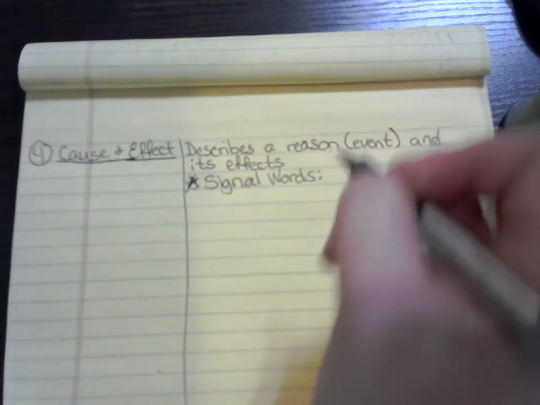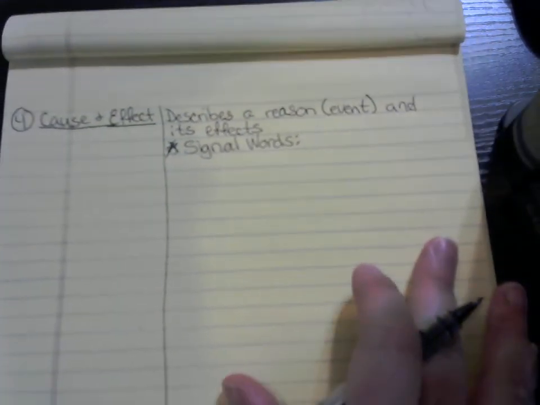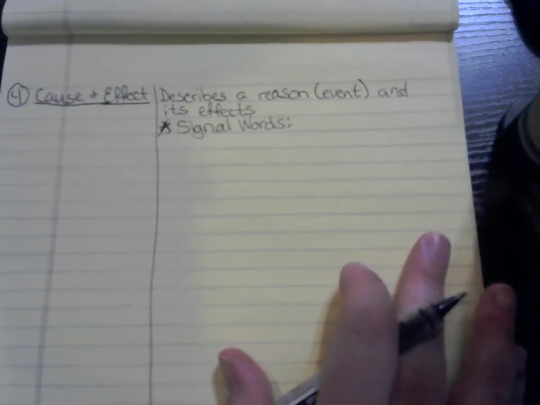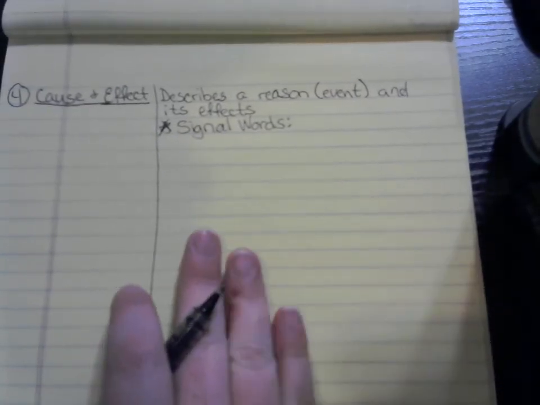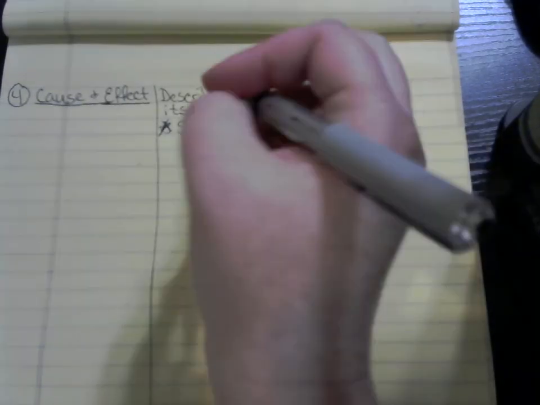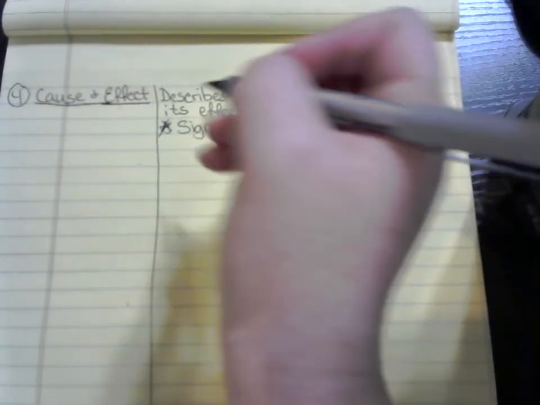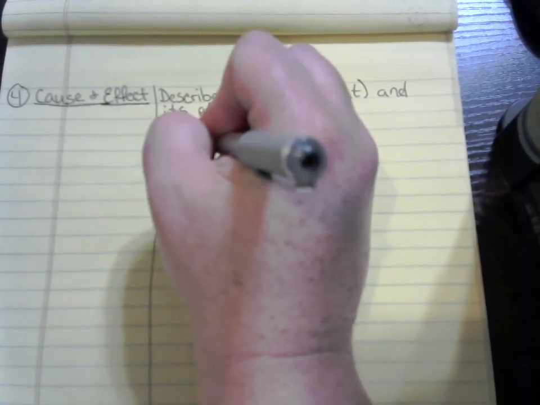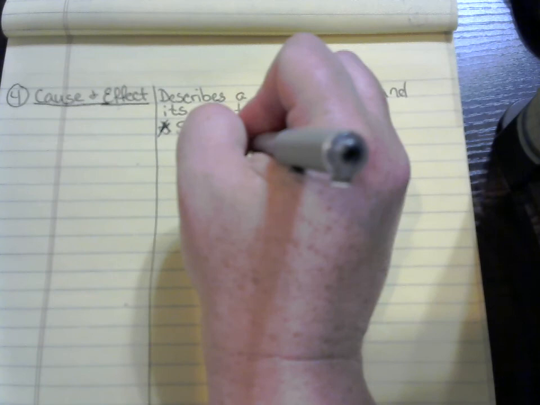So now we're going to start to see some of these signal words overlapping. That's why we've also got to look at the subject matter and those other text features to see exactly what the text structure is.